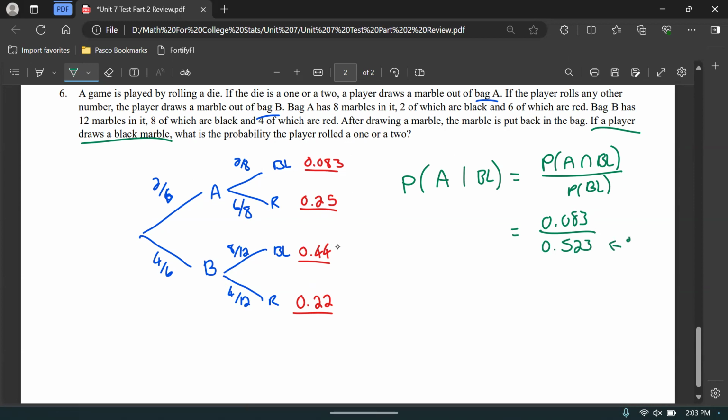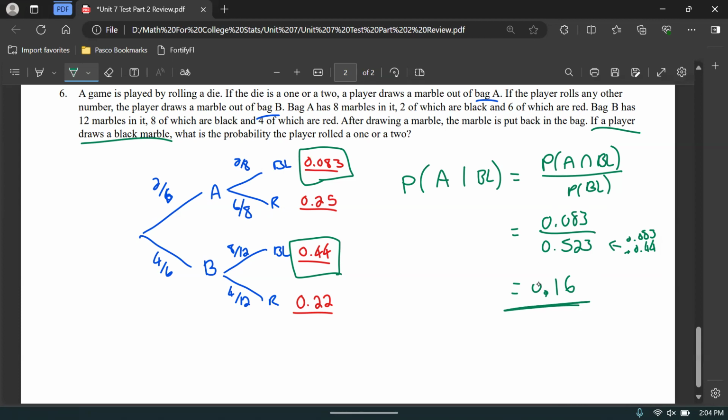So this is 0.083 divided by 0.523. About 16% equals 0.16. It's rounded a little bit. There you go.